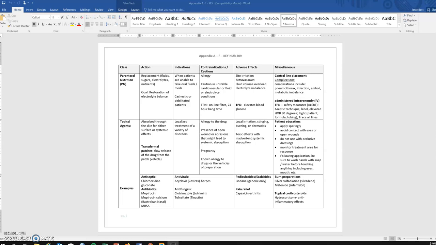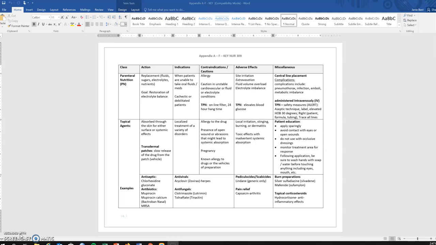There is a 24-hour time limit, including the tubing, and an inline filter is placed on that IV tubing. Then the fluid is typically tapered over several days to avoid fluid and electrolyte imbalance if it's suddenly discontinued. Nothing else can be added to that tubing except for lipids, which can be piggybacked into the TPN.